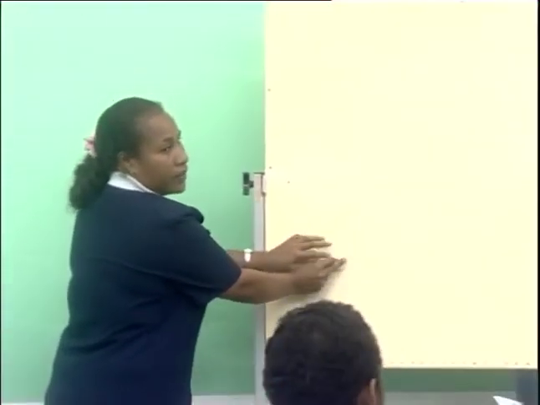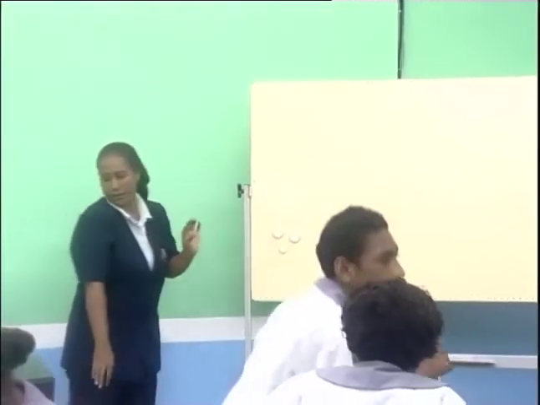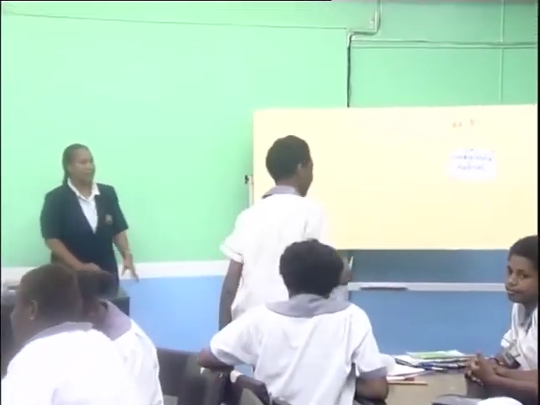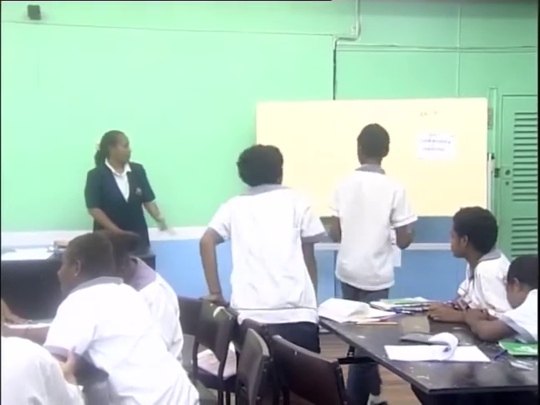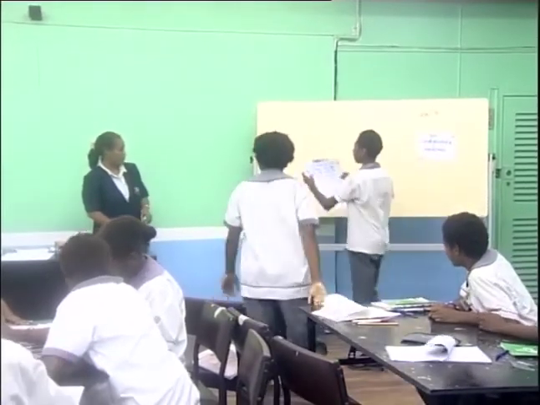Can you do that fast for me, please? Just come. All right, we have group number 2, quickly. Put it up. Just put it up and sit down.